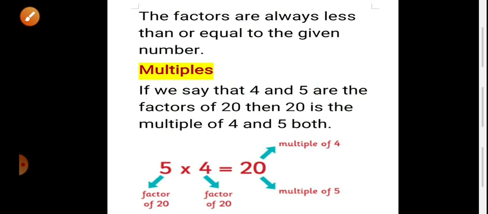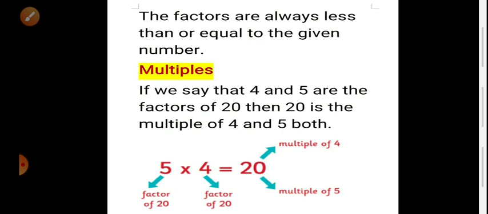The factors are always less than or equal to the given number. Now next is multiples. Here we can see that if we say that 4 and 5 are the factors of 20, then 20 is the multiple of both 4 and 5.